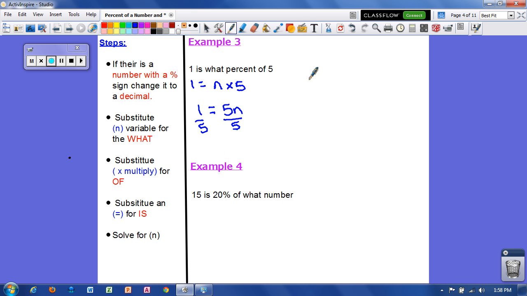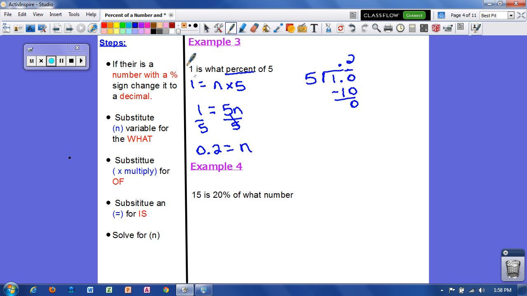1 divided by 5, let's work that out over here. 5 cannot go into 1, so I have to add a decimal and a 0. Decimal goes up. 5 can go into 10 2 times. And that comes out evenly. So that means 0.2 equals our variable. But keep in mind it wants to know the percent.